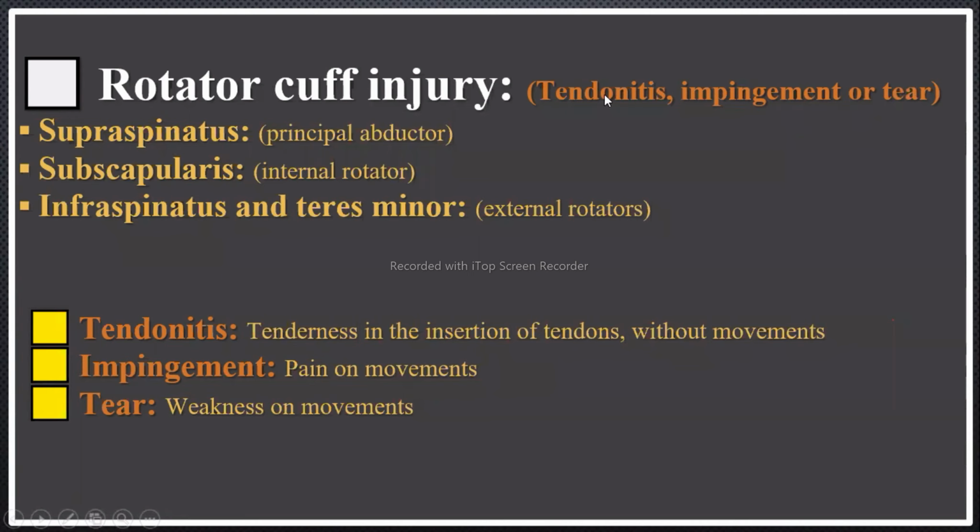Tendonitis means the patient is not moving, but has tenderness when you put your finger on the shoulder. How do you know the patient has tenderness, guys? By palpation, while looking at his eyes.